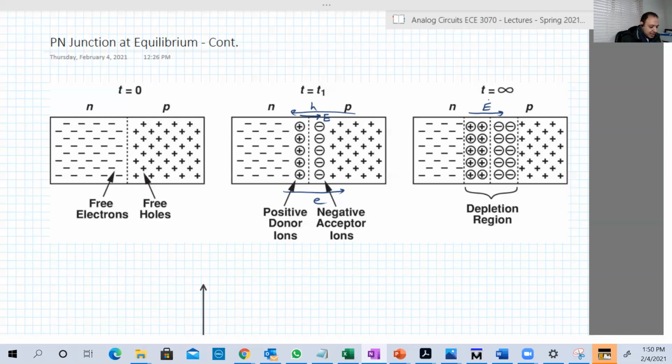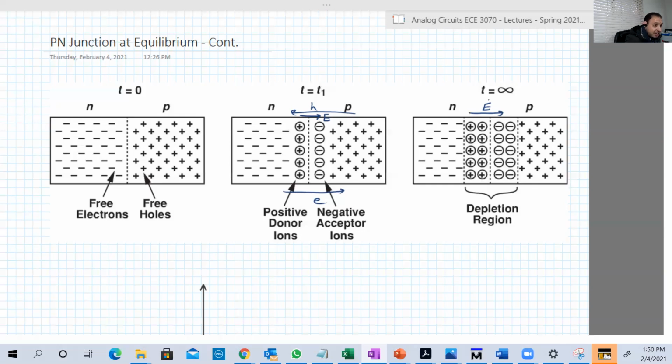This is what's called the equilibrium condition. Since we have two phenomena that cancel each other, we call this equilibrium. That's why we are now studying the PN junction under equilibrium. This is the first thing to understand: how the junction works if there is no battery connected to it, if there is no voltage or potential across the PN junction, if it's just open circuit.